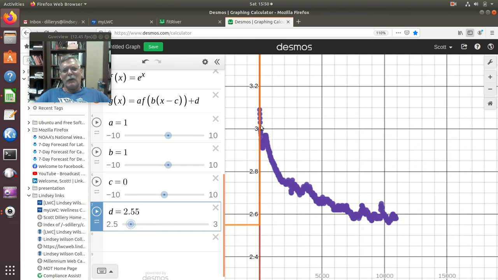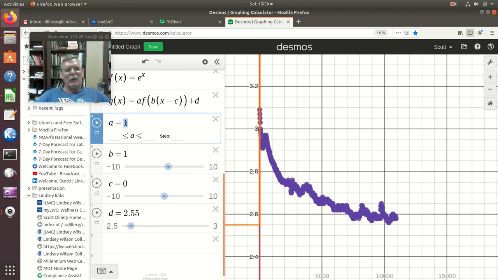A, on the other hand, well, okay, if I'm already at 2.55, then a is just how much it goes above that horizontal asymptote. So it looks like it's kind of heading toward about 3.